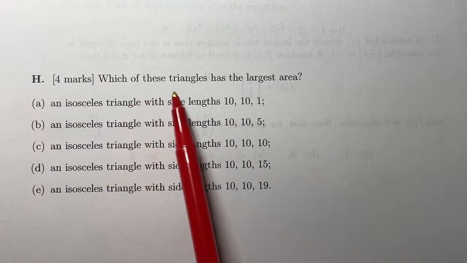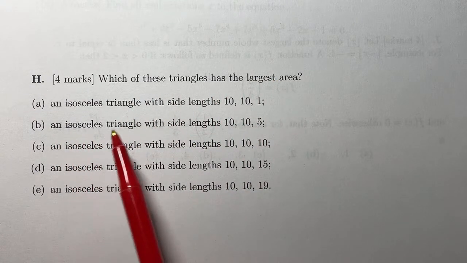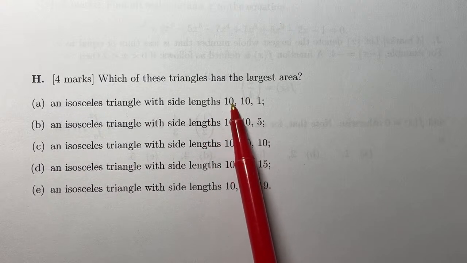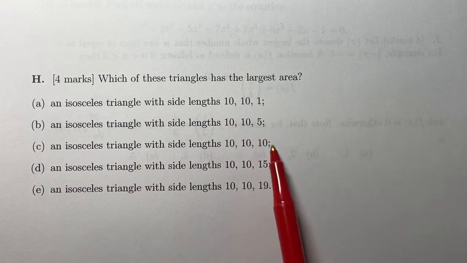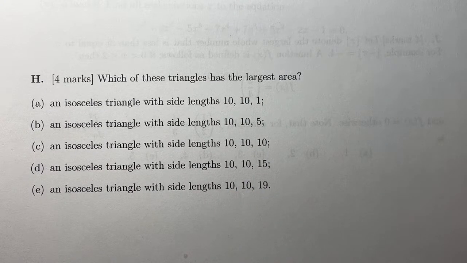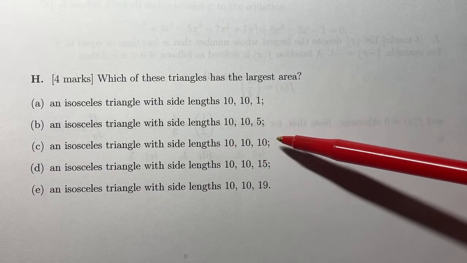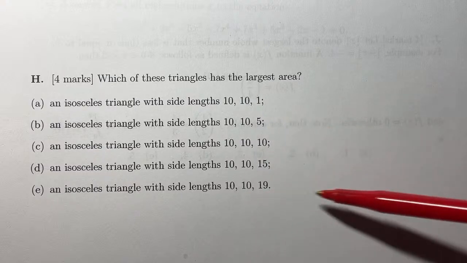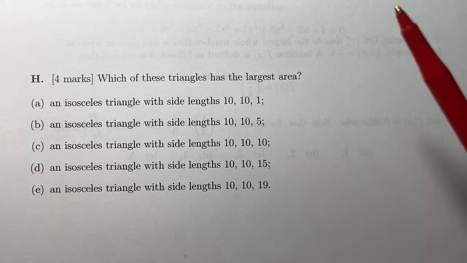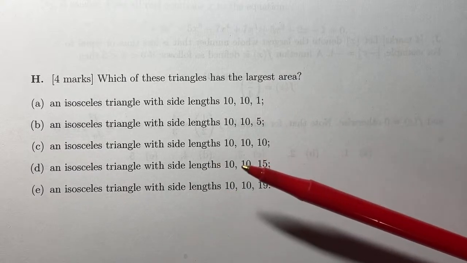Which of these triangles has the biggest area? So, triangles with sides 10, 10, 1; 10, 10, 5; 10, 10, 10; 10, 10, 15; 10, 10, 19. So at first you might think 10, 10, 10, right? Because equilateral triangle. But that's only when we have fixed perimeter.